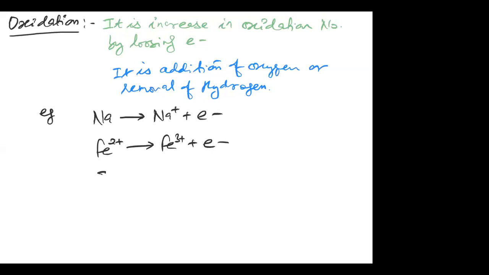It may be, let's say, zinc converting to Zn2+ by losing 2 electrons. Here the oxidation number of sodium is 0, it is going to be +1. Here it is +2, it will be +3. Here it is 0, and it is going to be +2. So it is an increase in oxidation number due to loss of electrons.